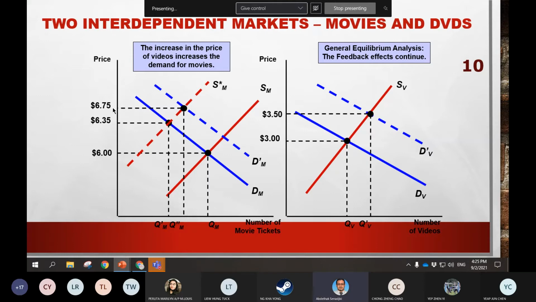But again, the price will increase to 6.75 instead of 6.35.